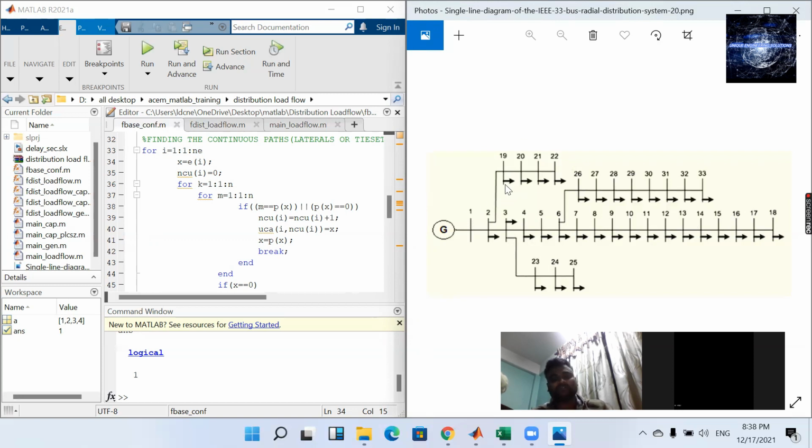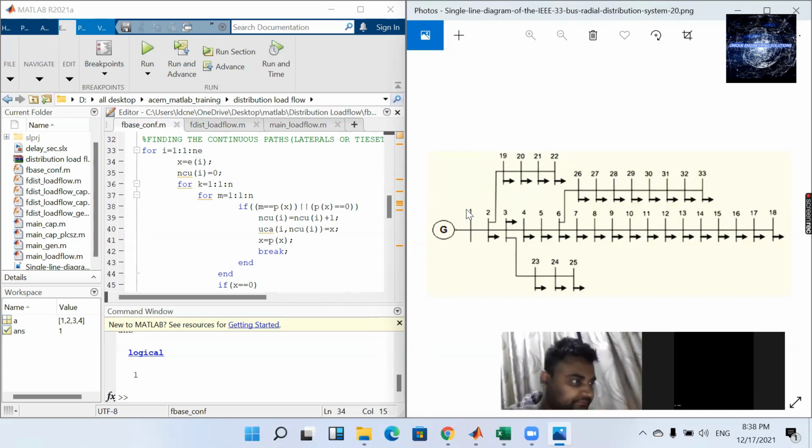Likewise, in this lateral, the in node is 22, then the preceding node of 22 is 21, then 20, then 19, for 19 the precedence node is 2, and for 2 it is 1. So we have to see all the precedence nodes until we reach the starting node.